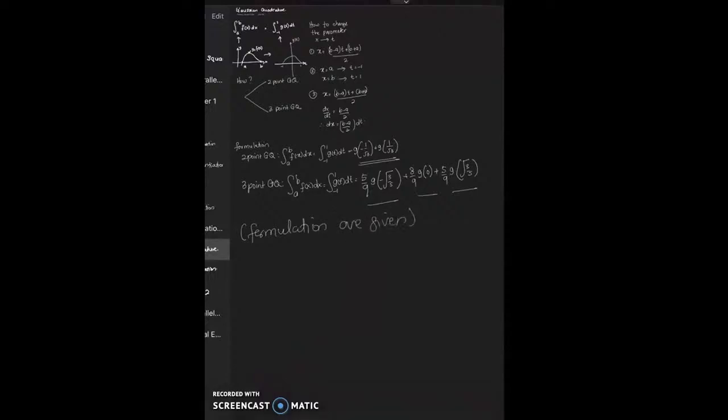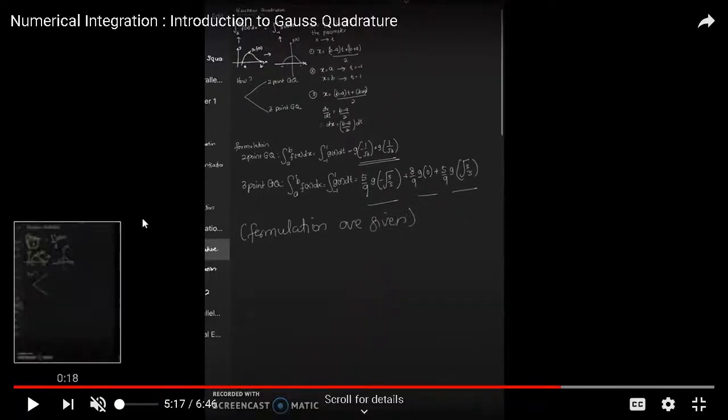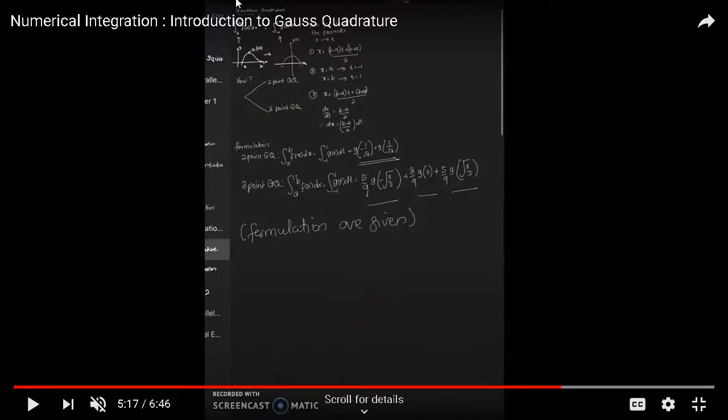Come on, I'll stop here. I want to ask a question: what is the difference between 2-point and 3-point Gauss quadrature?